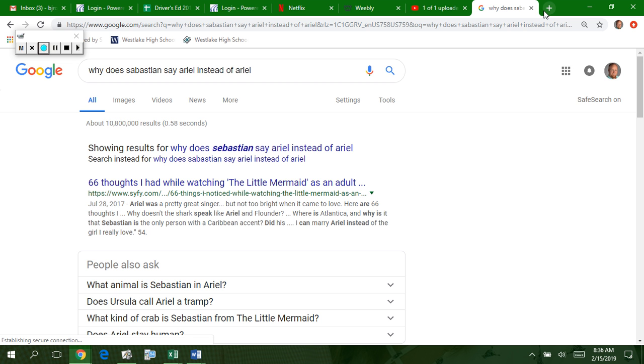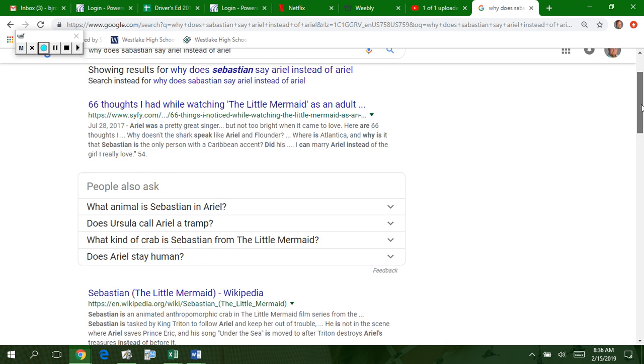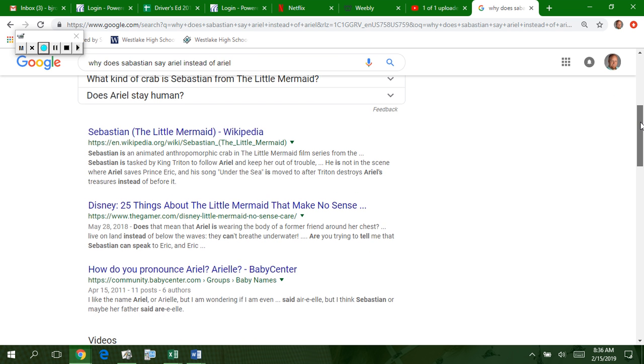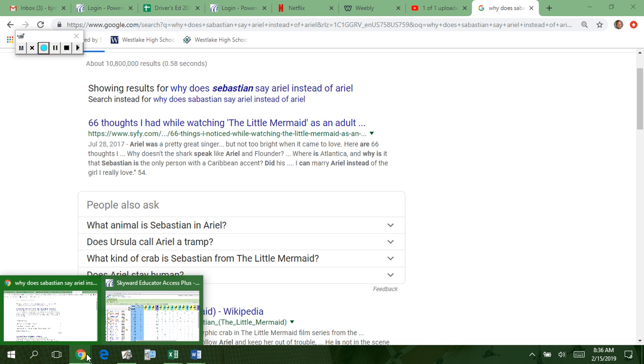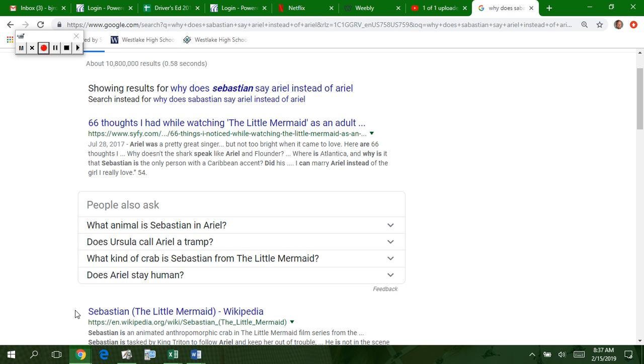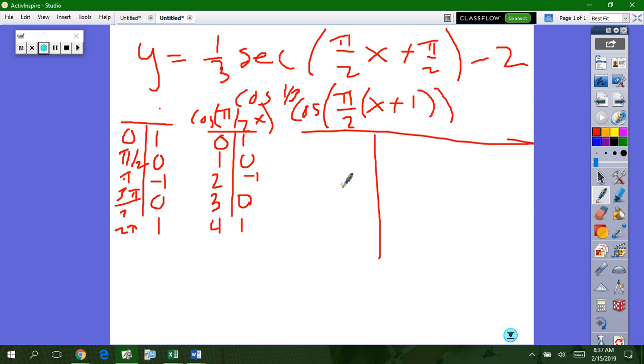Wow. A tramp, by the way. She calls her a tramp. It's a Caribbean accent. Does it say that? It says, right there. And why is Sebastian the only person with a Caribbean accent? Okay, whoever said that, good job. Who brought that up? Nice job, Tim Smuin. Where did you figure that stuff out at? At the end of Moana. Really? Yeah. I missed that. Huh. Okay.